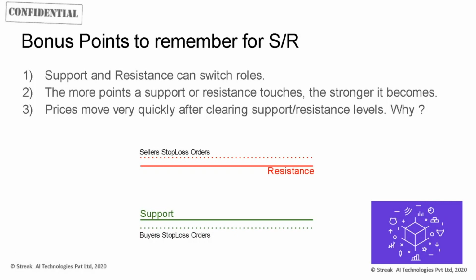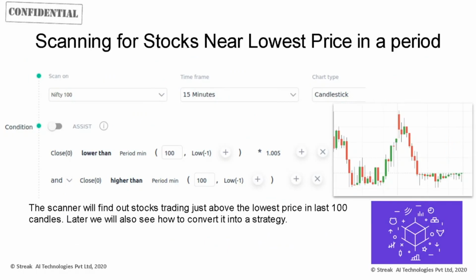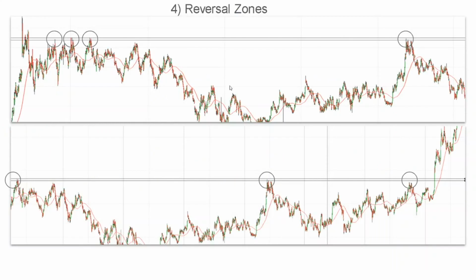So for this, I have an example to show you. Over here, we can see two diagrams of a resistance level. In this particular diagram, the resistance level has been tested successfully four or more times. These are three and four exact touches, but we also have certain close touches over here.